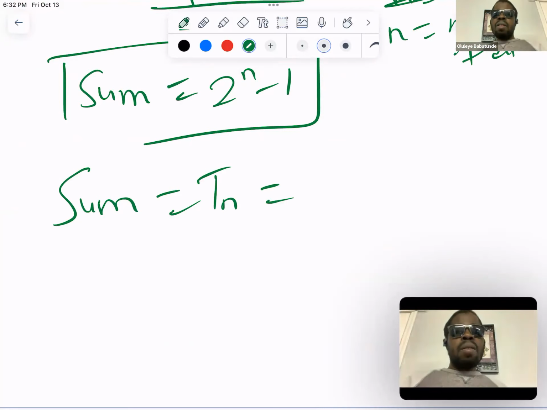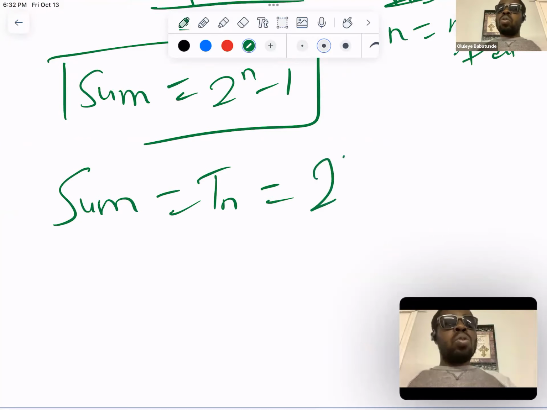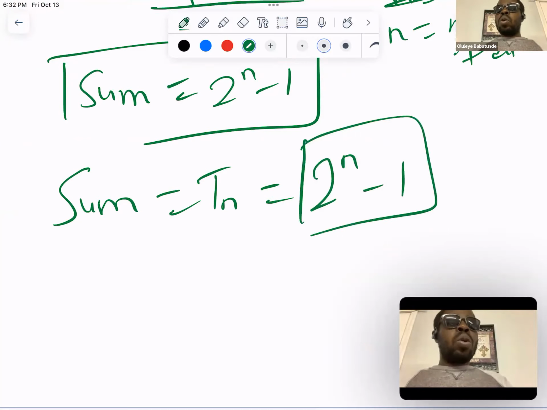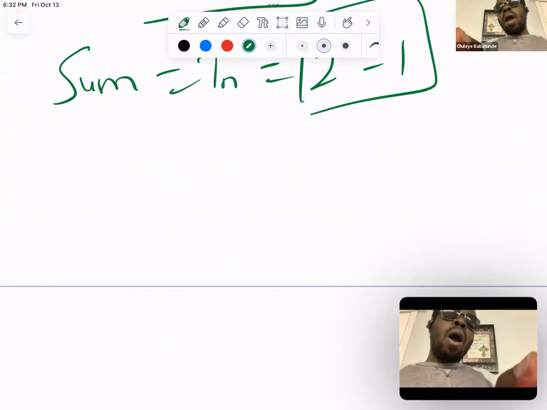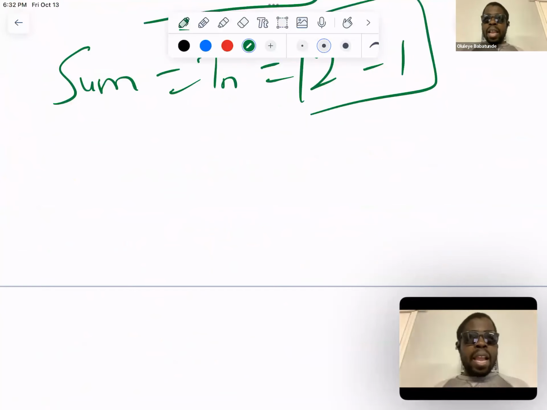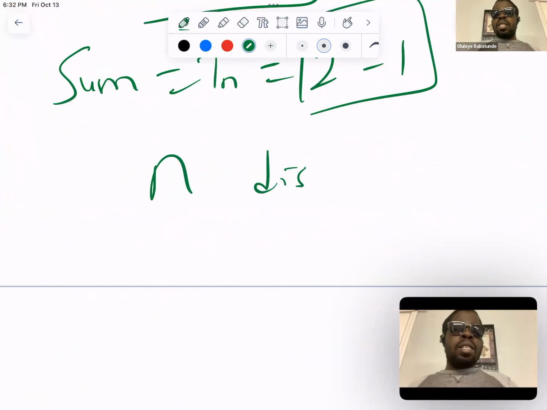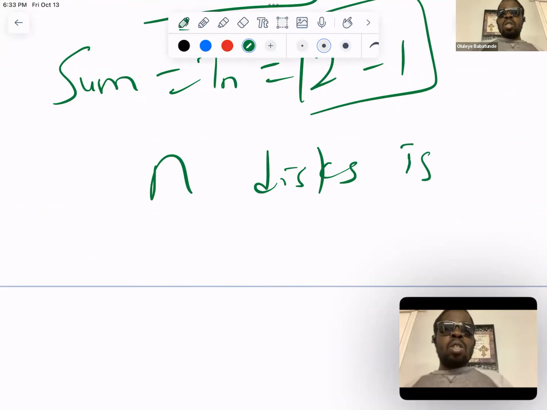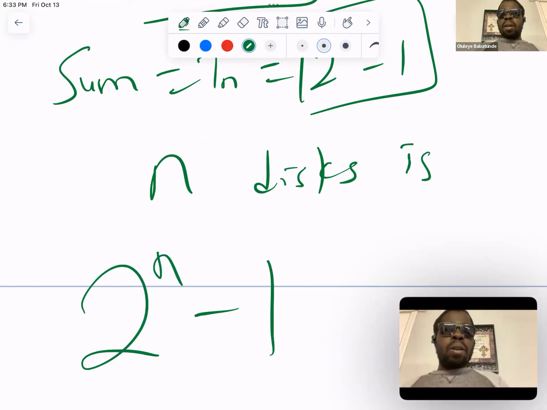This Tn, it's in relation to what? The recurrence relation. So 2 to the n minus 1. So the number of moves required for a Tower of Hanoi game with n discs is 2 to the n minus 1.